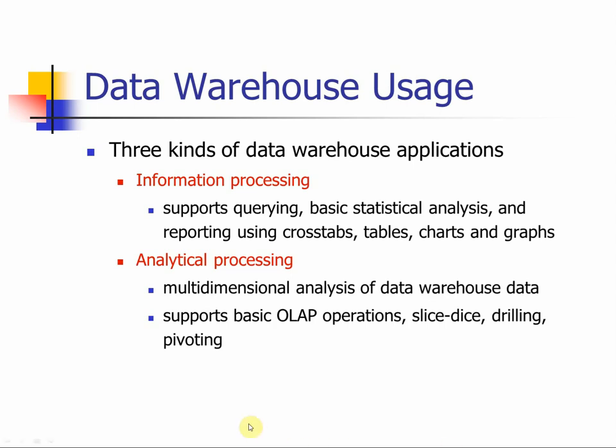It can also do analytical processing: multi-dimensional analysis of data warehouse data, supporting basic OLAP operations such as slice, dice, drill, and pivoting. And of course, you need to know how and when to use those for the analytical process.